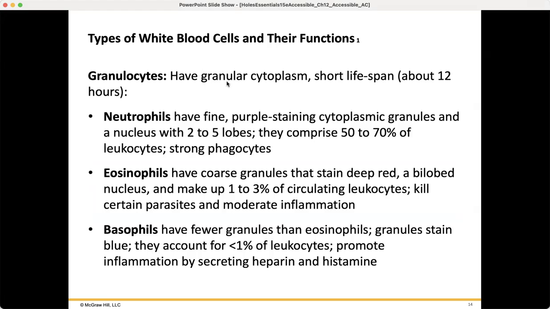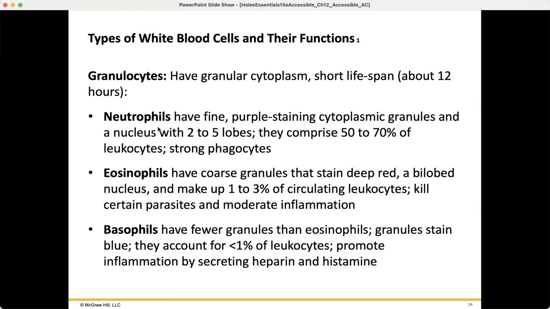So they have what we would call granular cytoplasm. You can physically see granules inside their cytoplasm. The 3 types of granulocytes all end in "-phil", if that helps. Okay, so neutrophil, eosinophil, and basophil.